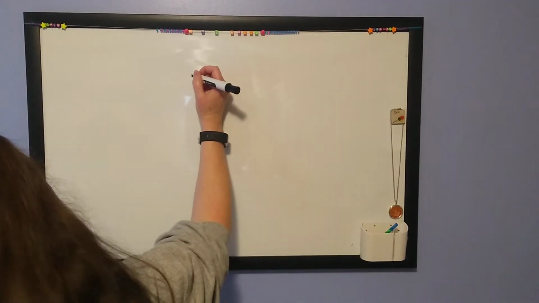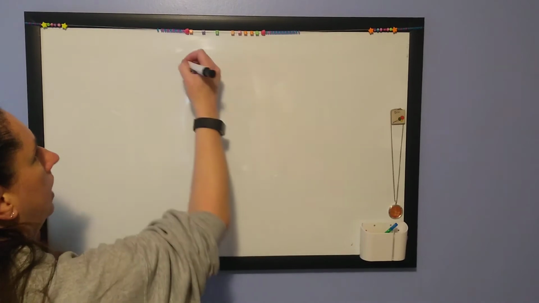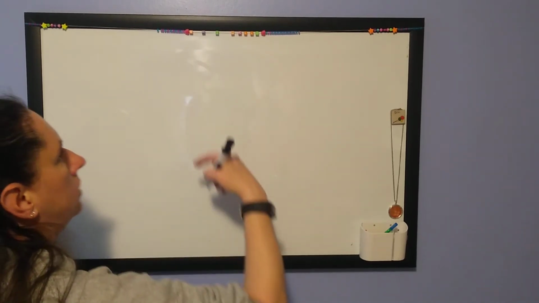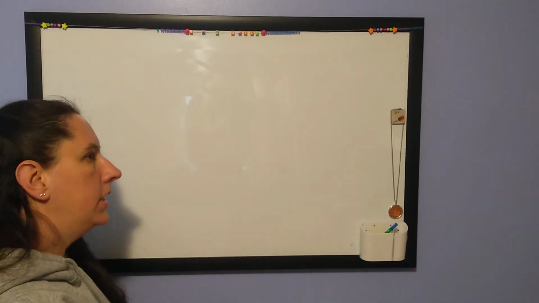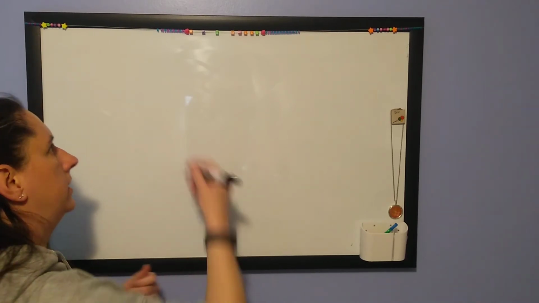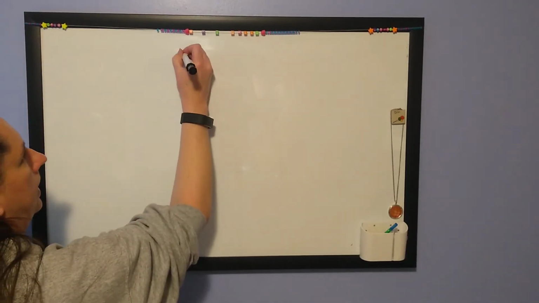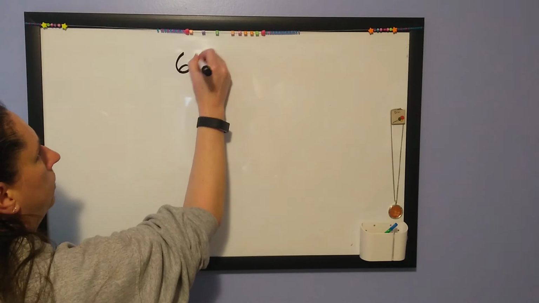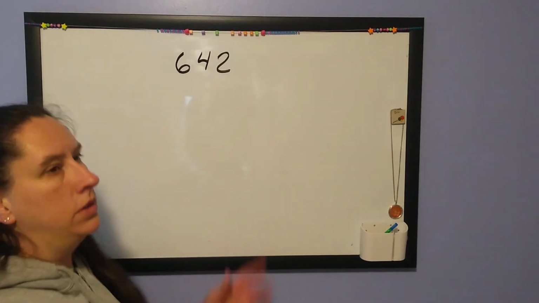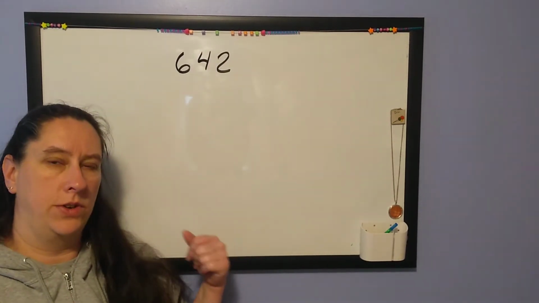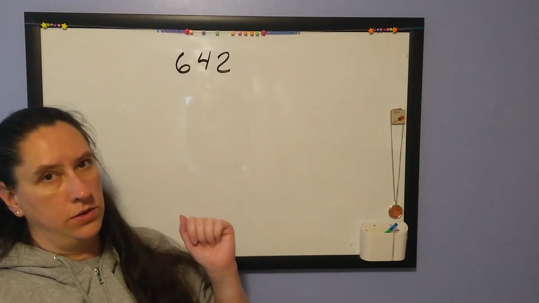All right, so now we're going to do another card game where you're going to flip the deck of cards, and in order, so let's say I have a 6, a 4, and a 2. This is a place value version of that game where I have the number 642.